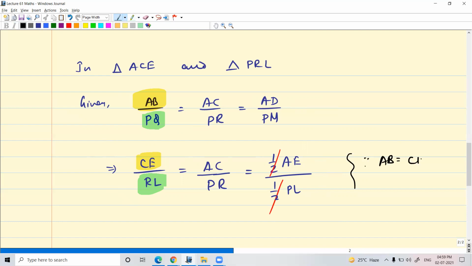AB is equal to CE, PQ is equal to RL, AD is half of AE.